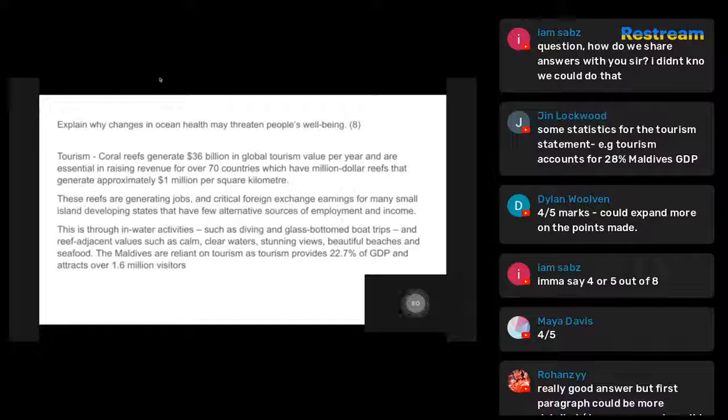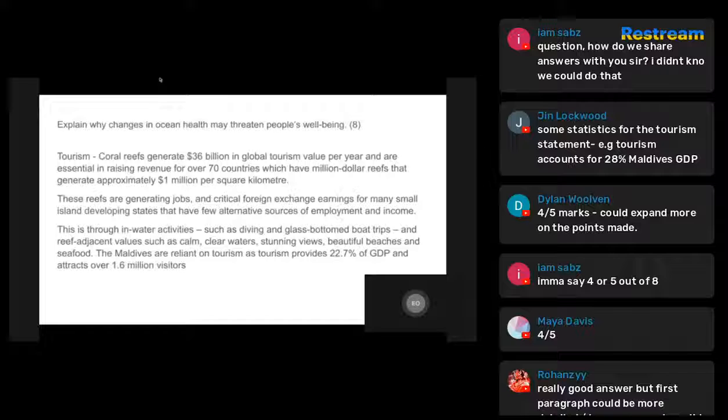The great thing about that paragraph is it's got economic data, but it's also qualifying it in a local but also global sphere. These reefs are generating jobs, creating critical foreign exchange earnings for small island developing states that have very few alternative sources of employment. This is through in-water activities such as diving and glass-bottomed boat trips, and reef-adjacent values such as calm, clear waters, stunning views, beautiful beaches.